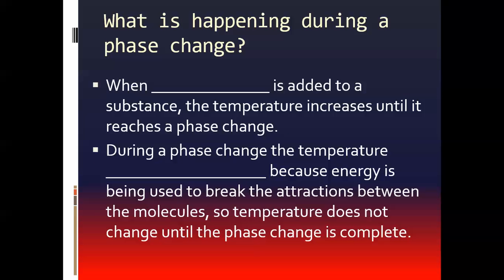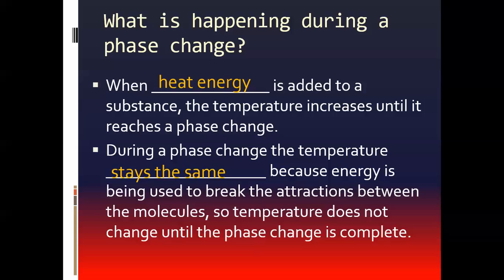So what's actually happening during an actual phase change? So when the solid is melting or the liquid is freezing or the liquid is boiling, etc. So when heat energy is added to a substance, the temperature increases until it reaches a phase change. So think about how you saw when you had just liquid water and the temperature just kept jumping every minute that you're recording. It's 11 degrees, now it's 17 degrees, now it's 28 degrees, and so on. But all of a sudden it started to kind of stay still at the same temperature for a few degrees.